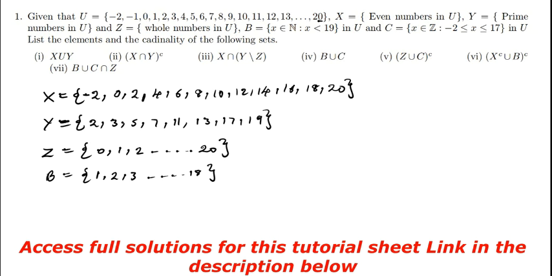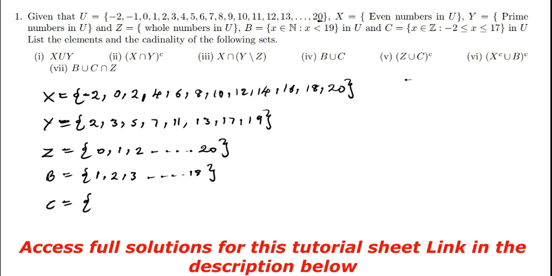Then what of C? C is saying that x is a member of the integers. Integers are whole numbers, both positive and negative.